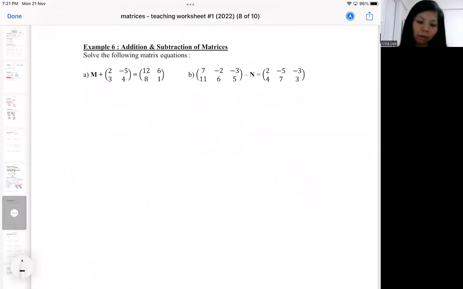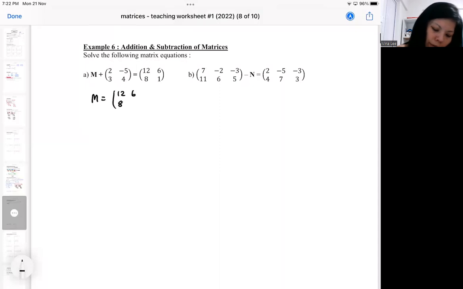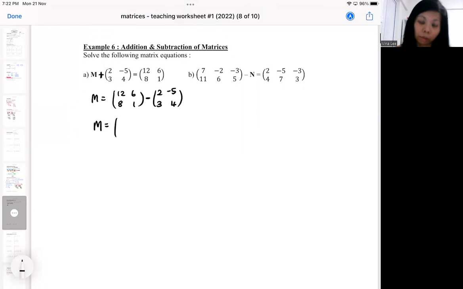Another more examples on matrices. Sometimes you might feel that in this kind of addition and subtraction of matrices, it behaves like algebra. So for example here, to me, it feels like it's algebra. So I'm going to shift this addition of matrix over to the other side. So then I will do a subtraction.